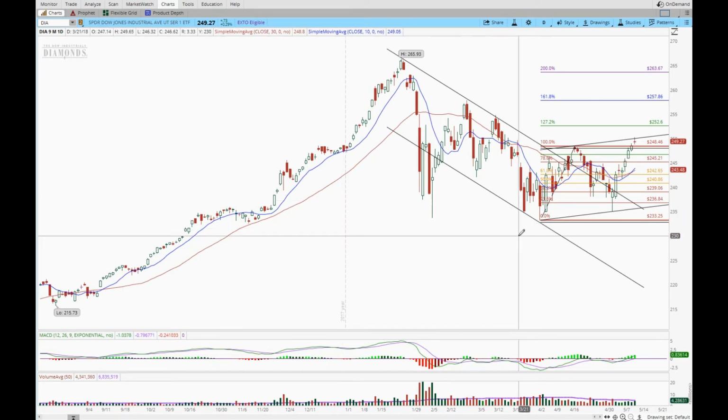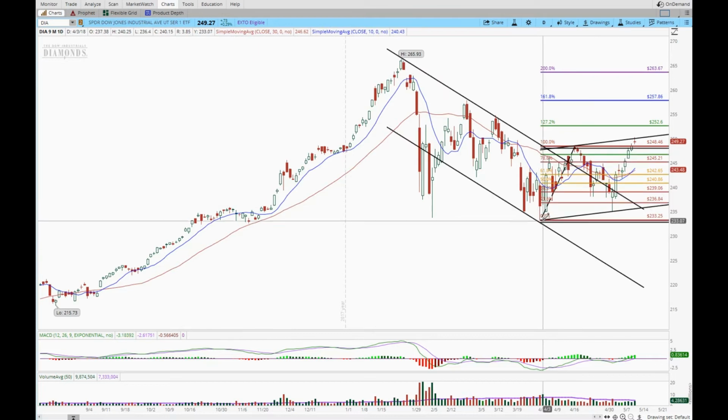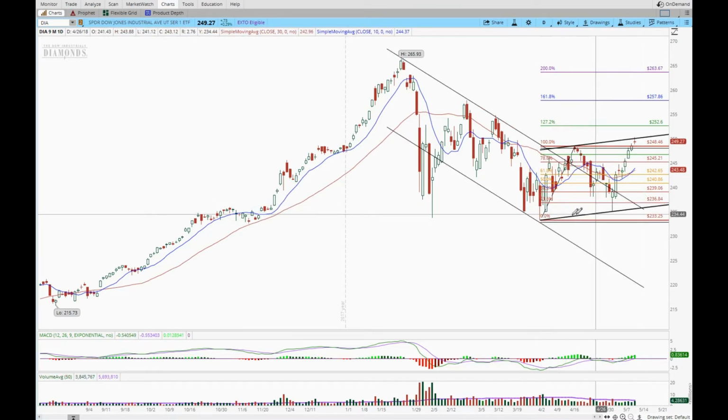Actually, it moved 0.29% today, to close at 249.27. Now, if you see this parallel here, these lines on this channel, it really touched this resistance at this level and came back a little bit in the intraday.